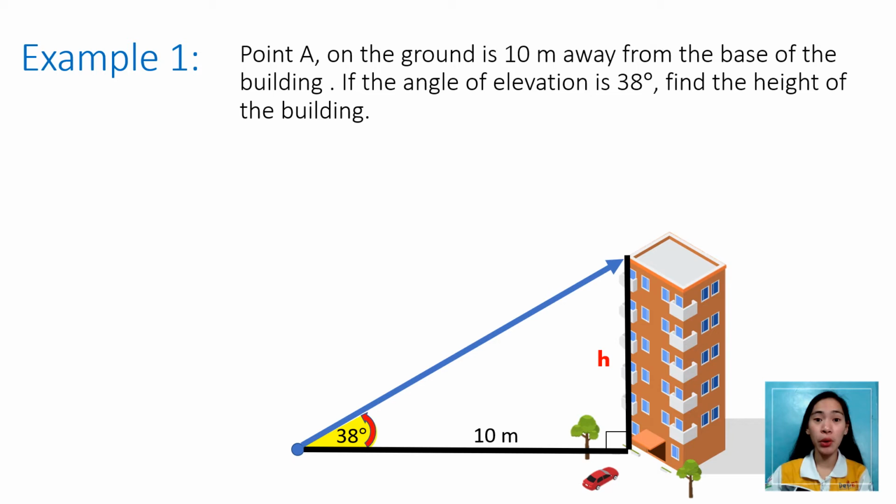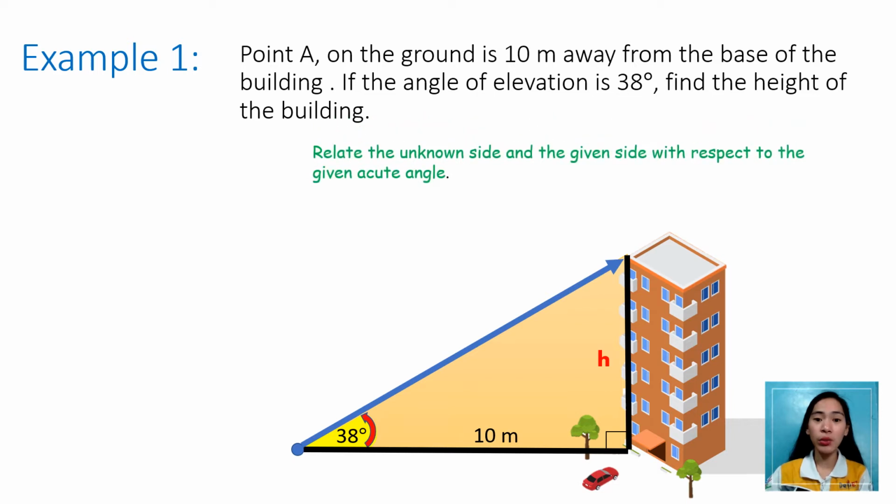We can form a right triangle here. So we have an acute angle and the sides of a right triangle. If we relate the unknown side, which is h, and the given side, which is 10 meters, with respect to the given acute angle, which is 38 degrees, we should remember that our reference angle here is 38 degrees.